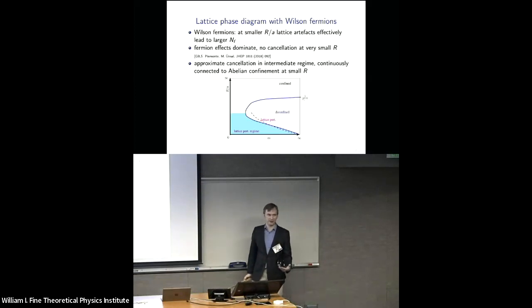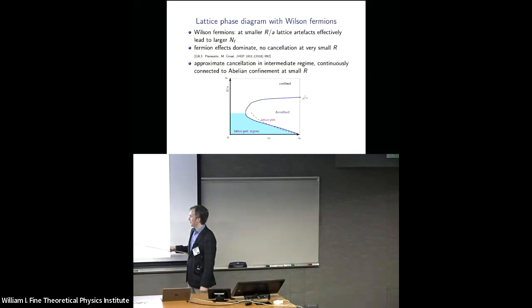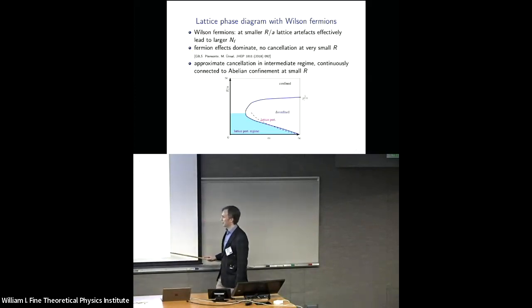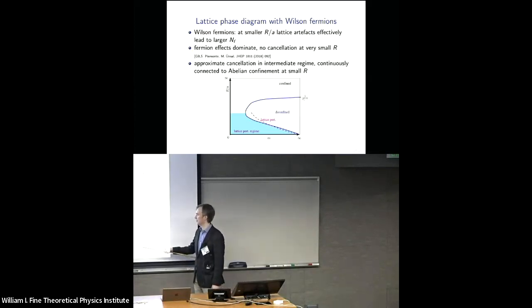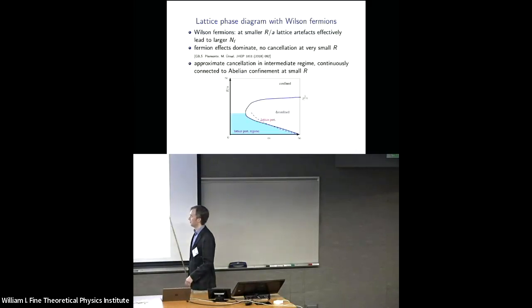So you effectively see a larger number of fermions than you have, and therefore you can even use lattice perturbation theory to calculate this transition line in this regime. So what you have to do is go up to a certain scale here, and then decrease the lattice spacing if you want to have a reliable regime when going to smaller radius. But otherwise, this semi-classical regime can be reproduced quite nicely on the lattice.